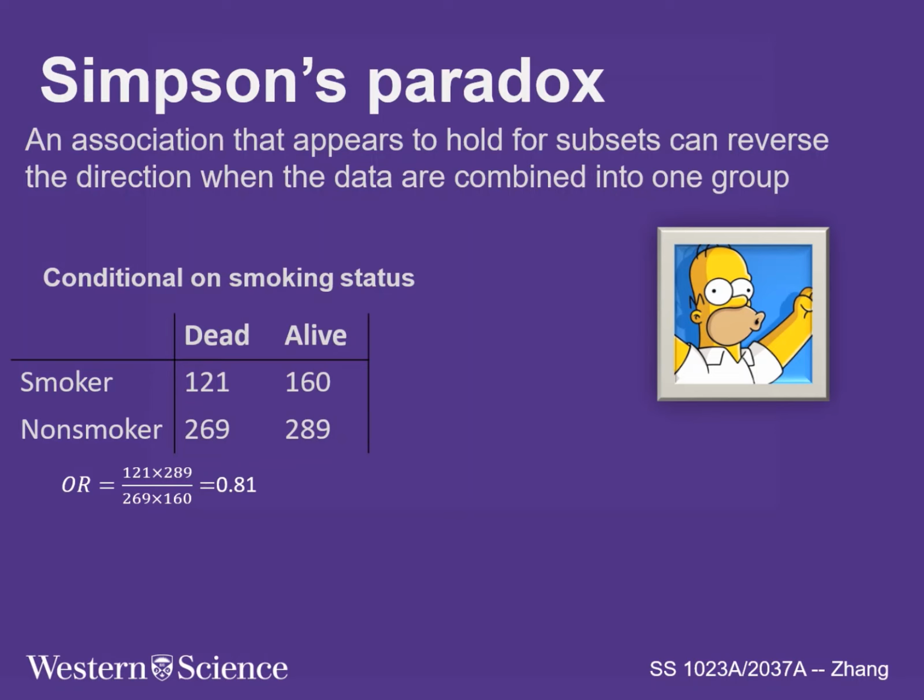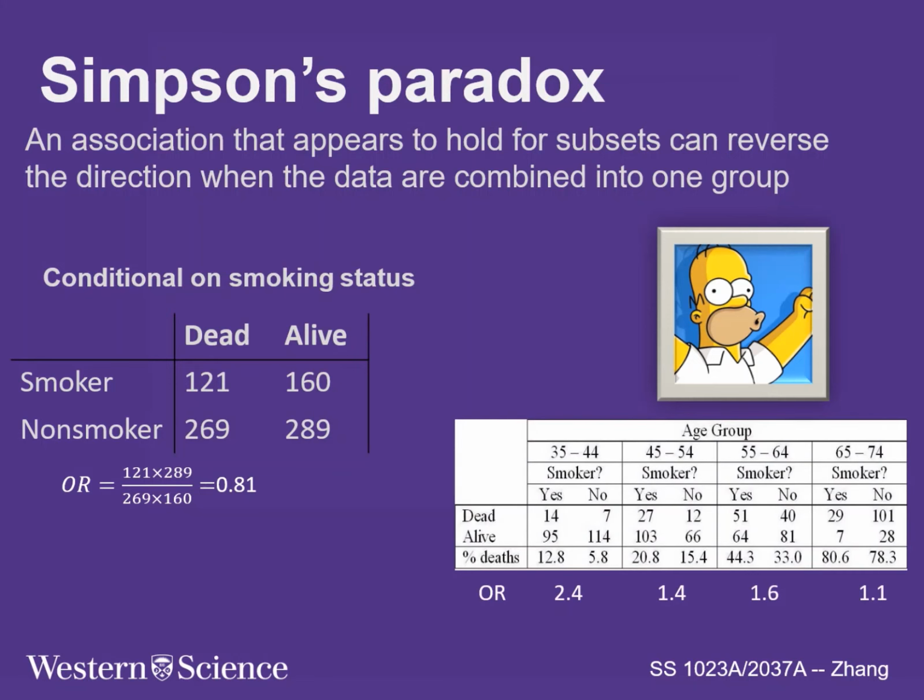This is because this study is actually strongly confounded by a third variable, age. If we separate the data according to age group and create 2x2 tables for each age group, after calculating the odds ratios, we can see that the odds ratio in all groups is in fact greater than 1, which means the smokers have less odds of life than the non-smokers.